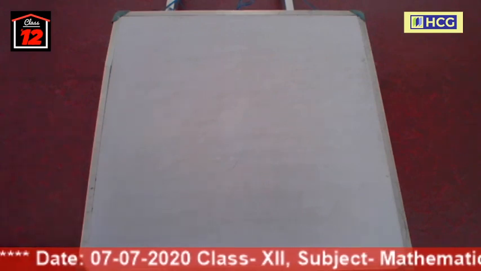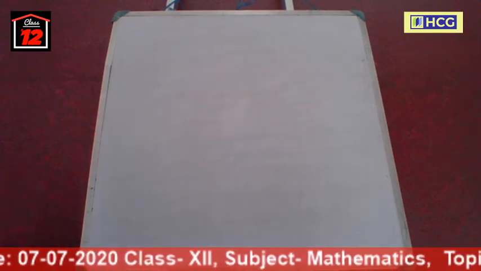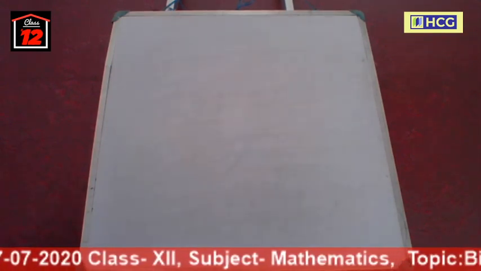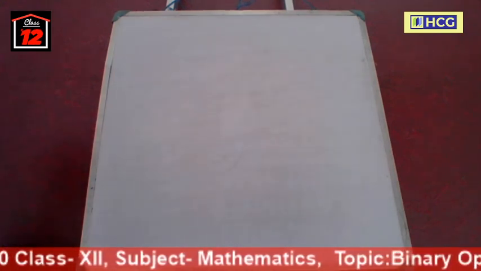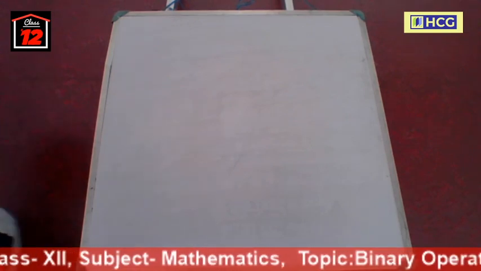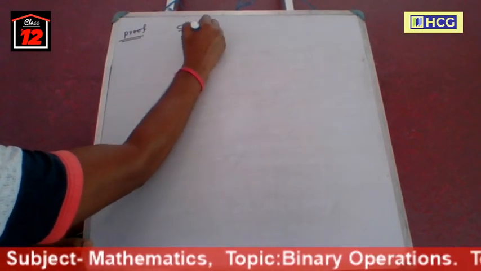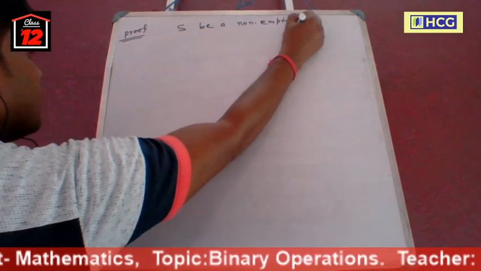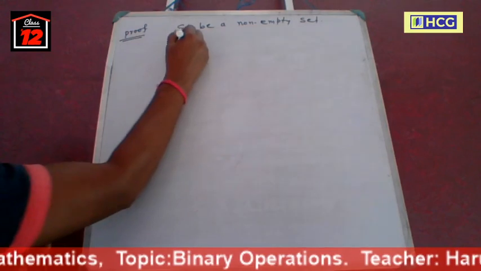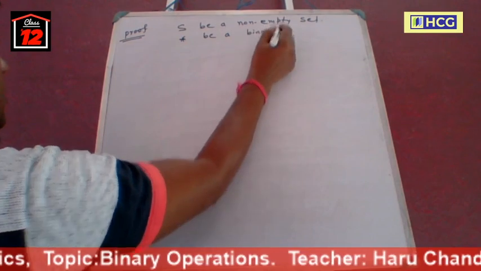The theorem: let star be a binary operation on a non-empty set S. An identity element of S for star, if it exists, then it is unique. So S is a non-empty set, and star is a binary operation.